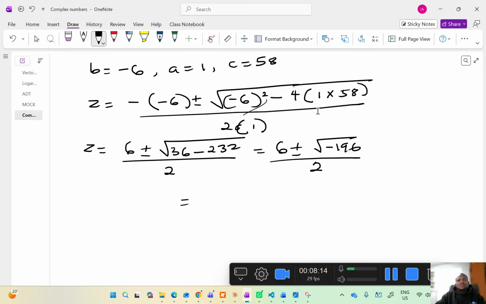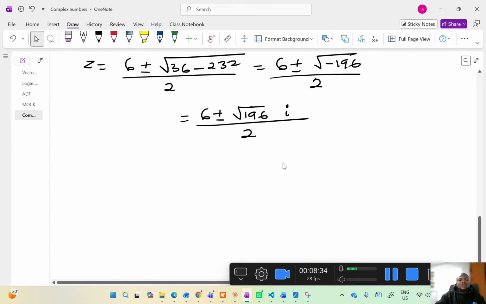Okay, so like I told you, when you see the square root of a negative number, just take that as i. So this becomes 6 plus or minus the root of 196, then i, because of the negative, the square root of negative 1, then divided by 2. I hope this is well understood.